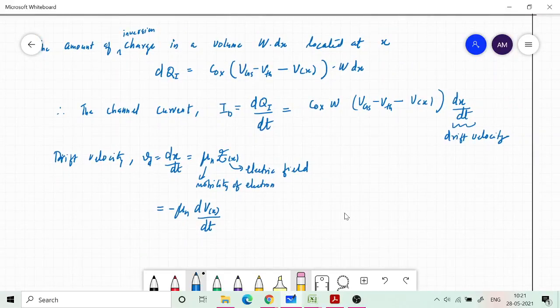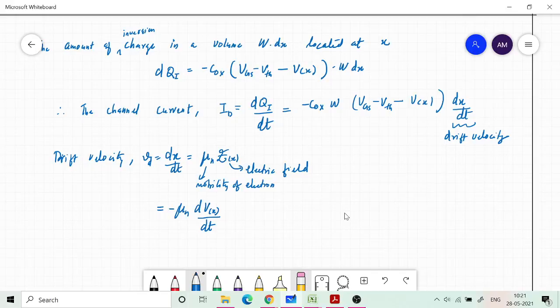And what does that mean? This negative charge, minus dx by dt, that is going to be the velocity of electron.